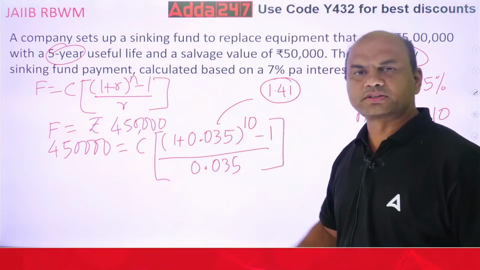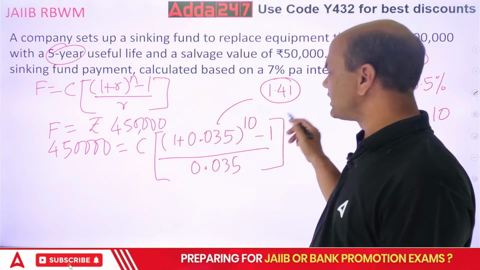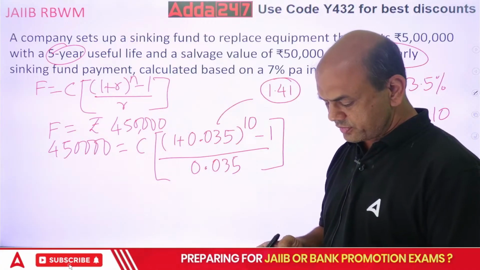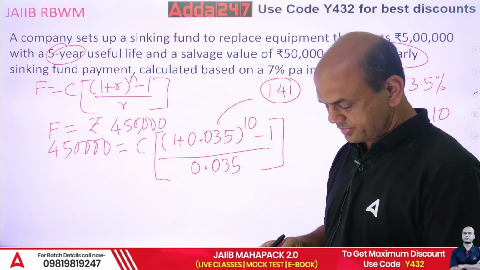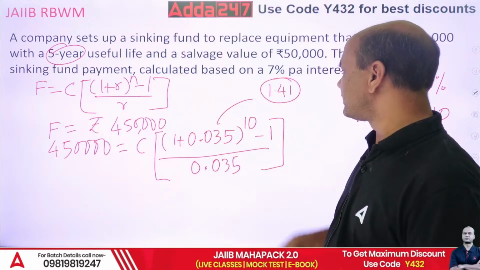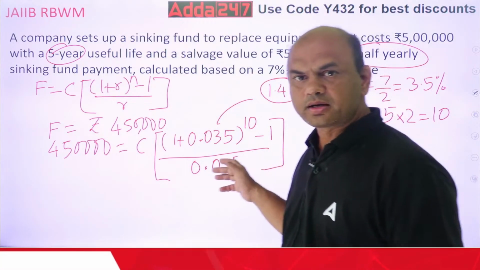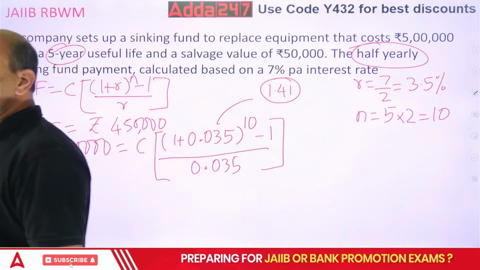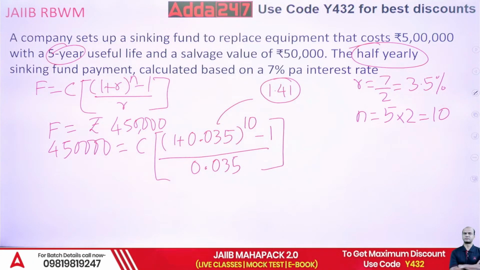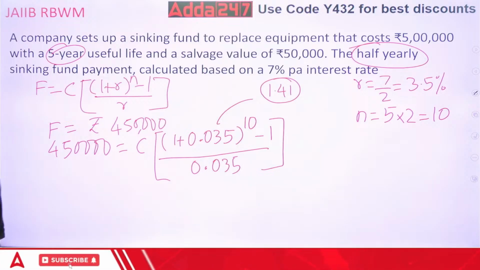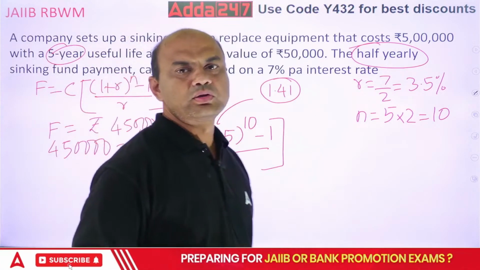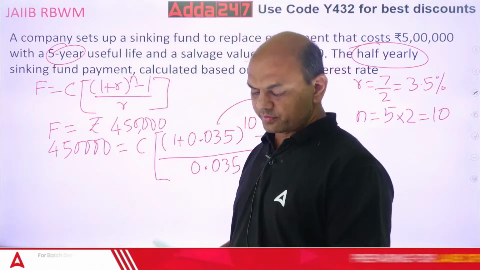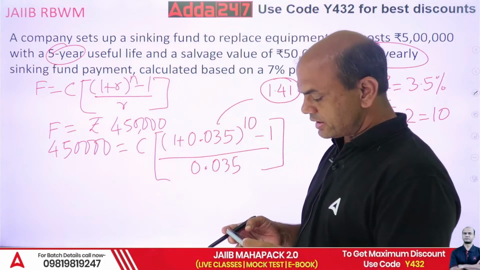Now solve this. 1.41 minus 1 becomes 0.41. This 0.41 you divide by 0.035. So what are you getting?